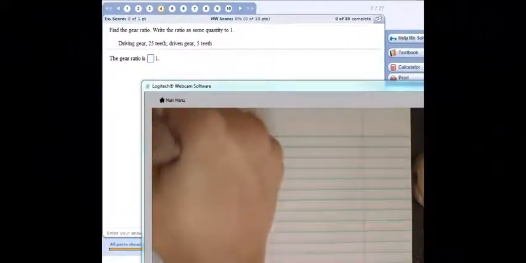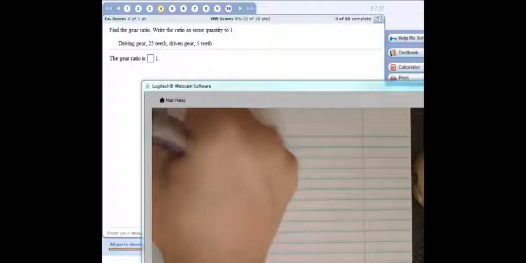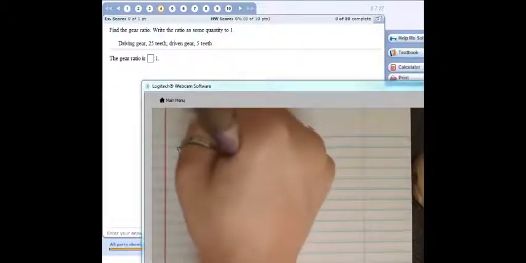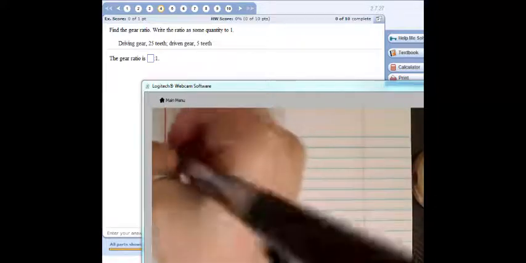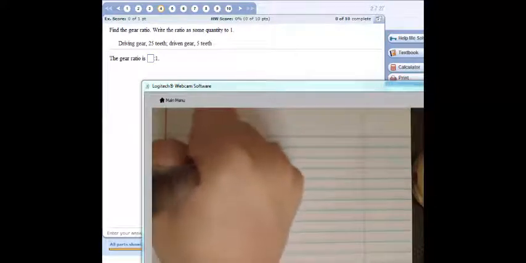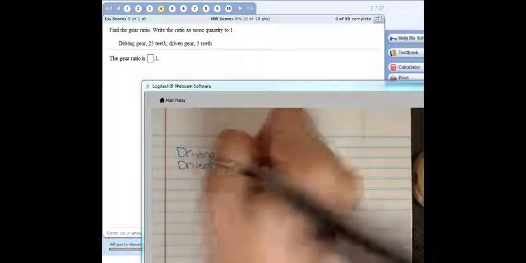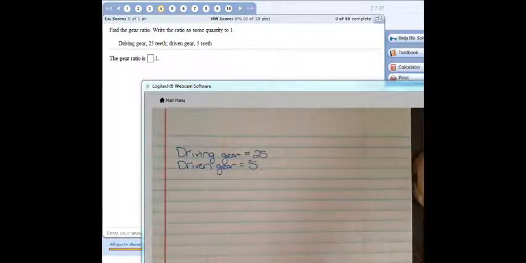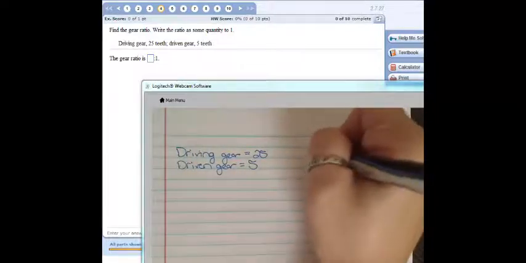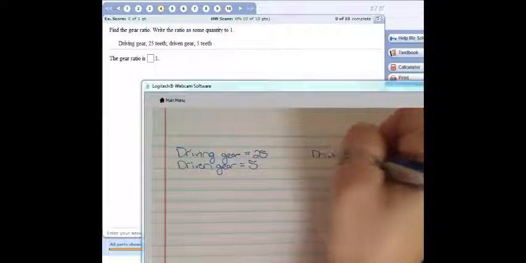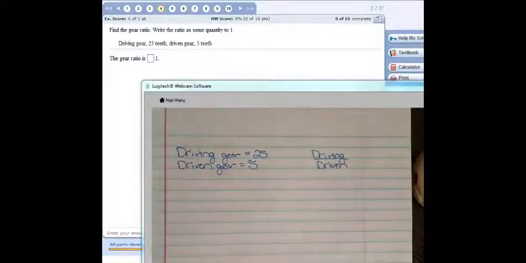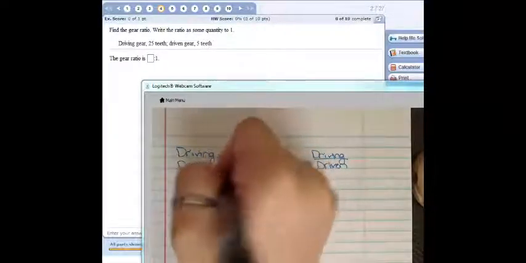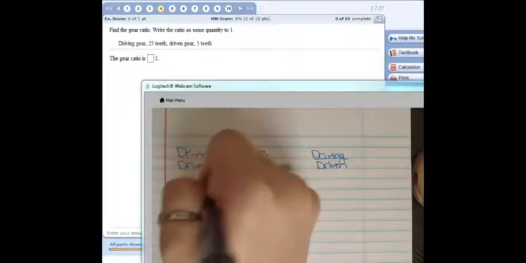So we have the driving gear, and that equals 25 teeth. And we have the driven gear, and that equals 5 teeth. And if you remember, we need to have the driving gear over the driven gear. So that means we need to place 25 over 5.